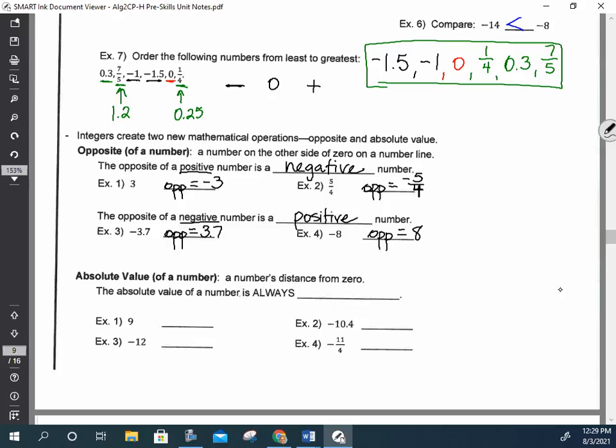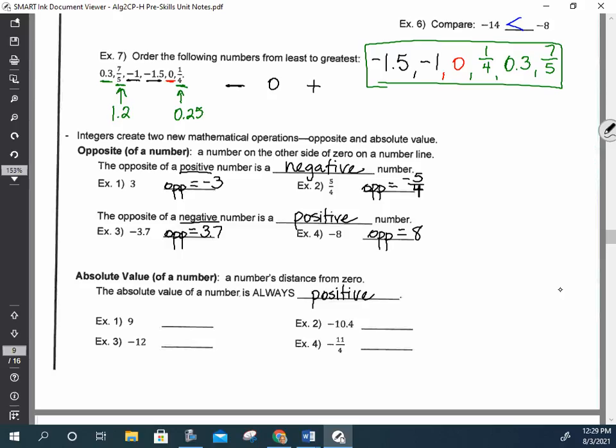The absolute value of a number is a number's distance from 0. So this is something that we touched upon earlier in our pre-skills unit. The absolute value of a number is always positive.